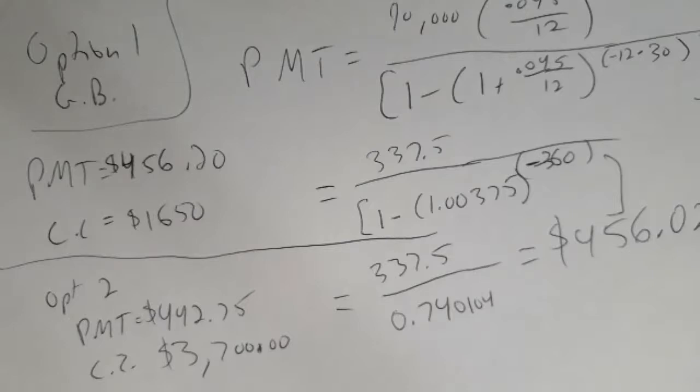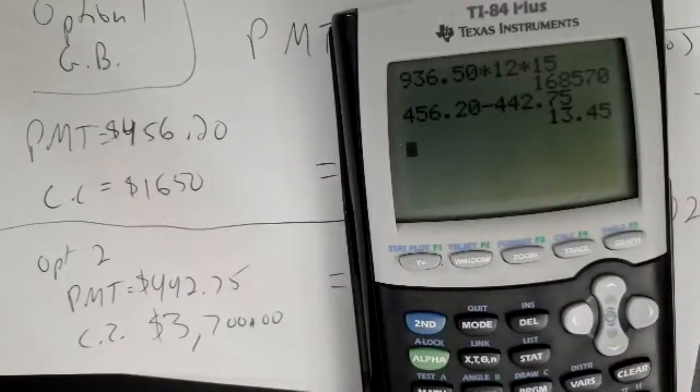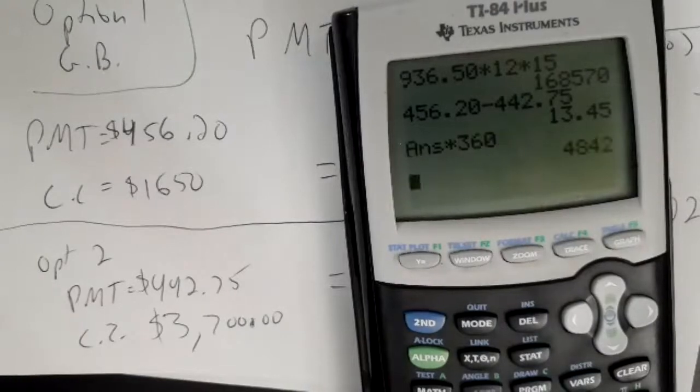So if I'm looking at the payment for $456.20 and $442.75, I think there is $13.45 that we're going to save in each payment. And if we're doing this payment 360 times, is it 360 times? Where am I getting off on this? 442.75, 456.